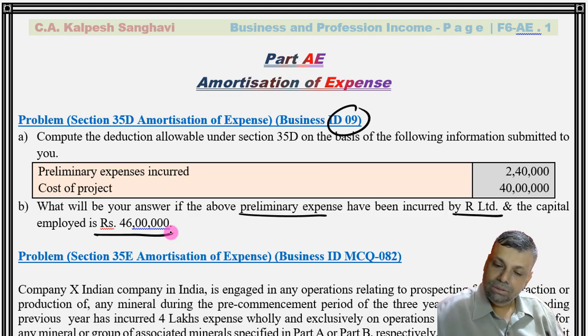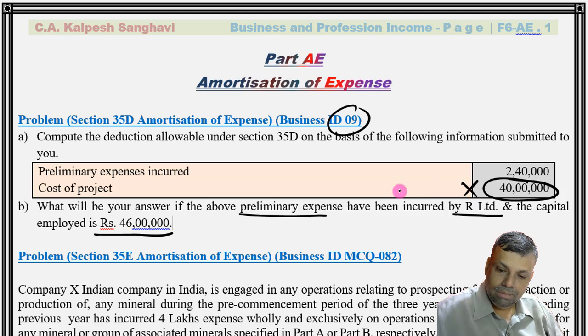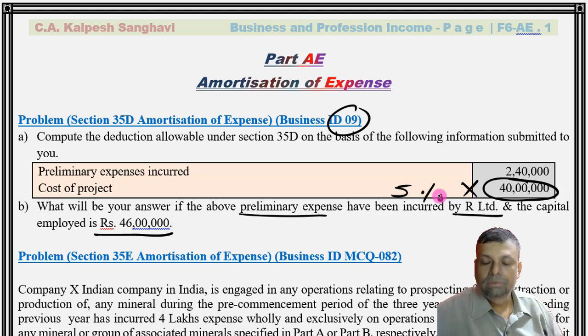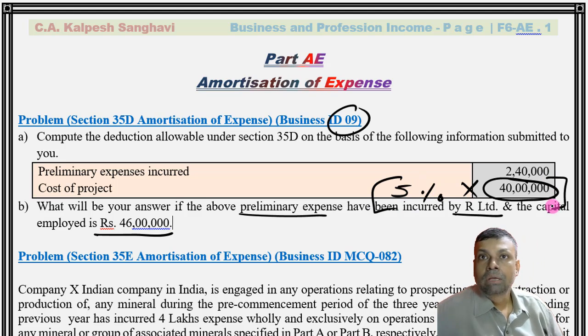So in the first situation, say this is 40 lakhs, multiplied by 5%. This is going to be your maximum qualifying figure. That means beyond this, you cannot get this particular section 35D amortization.